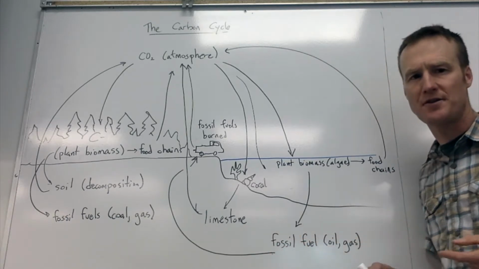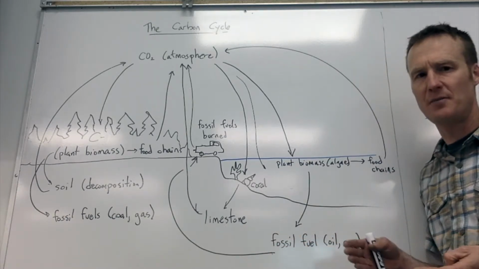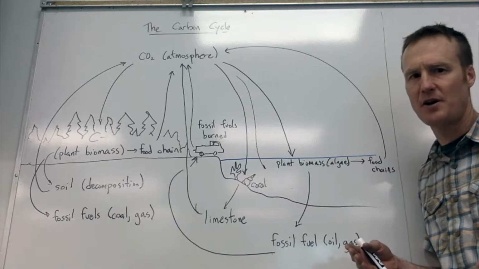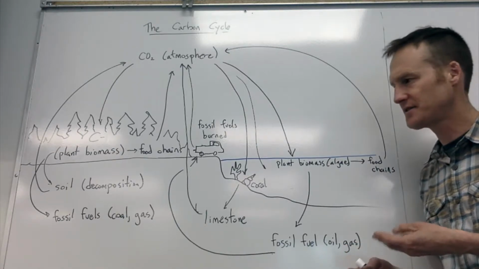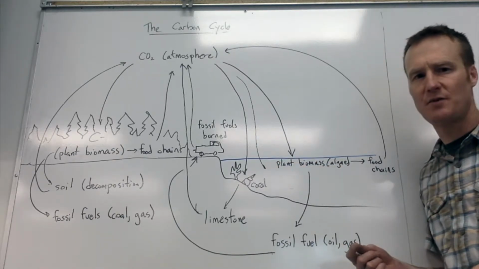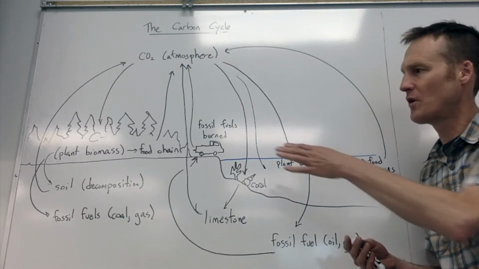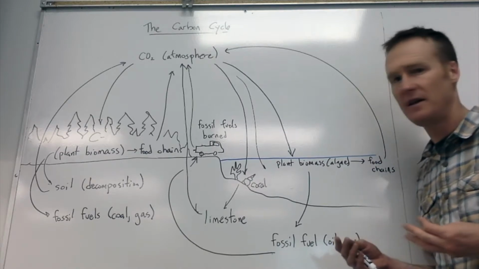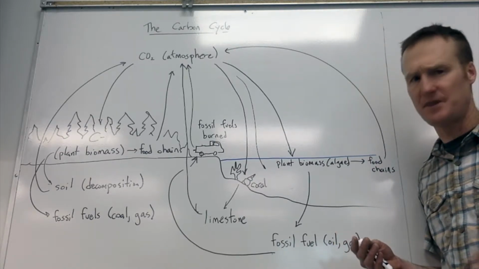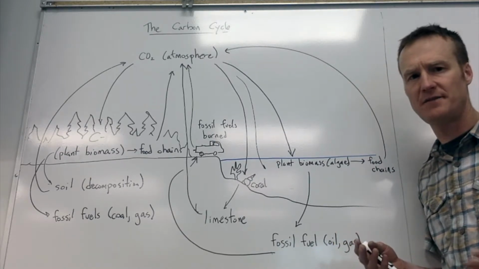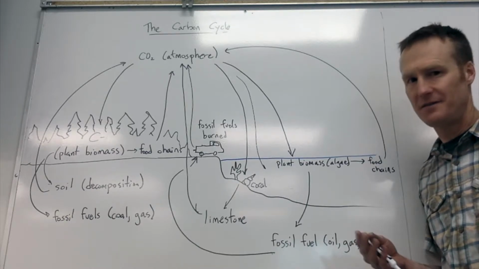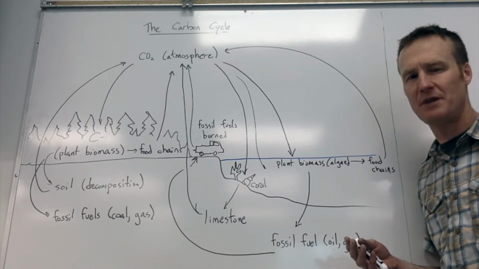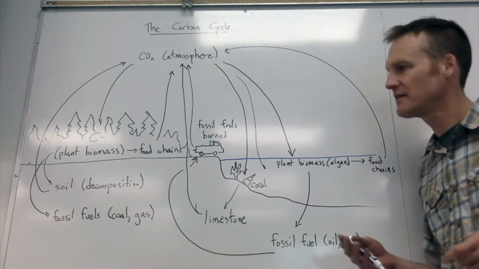The oil deposits of the world are formed under bodies of water, or were formed under bodies of water, oil and natural gas. The coal deposits of the world were formed from plant biomass that lived on land. But they're both massive pools of carbon, especially our coal supply. There's hundreds of years still left of coal. Burning it would be a really bad idea, but it exists.